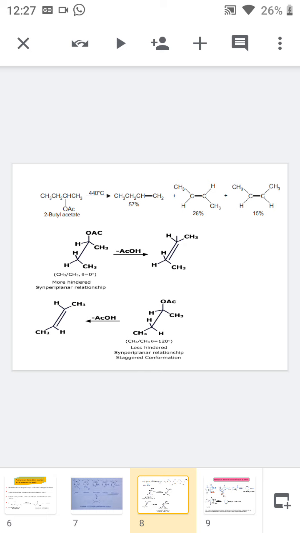So that's why we get 28% E and 15% Z, because in the Z case we have maximum steric hindrance, but in the trans case we can avoid the steric hindrance.